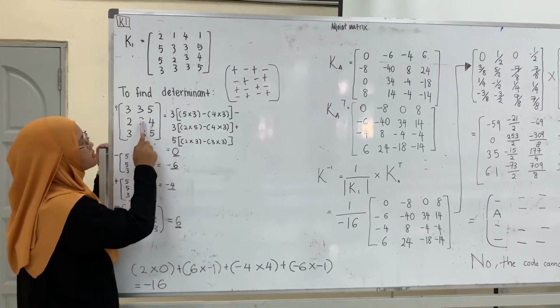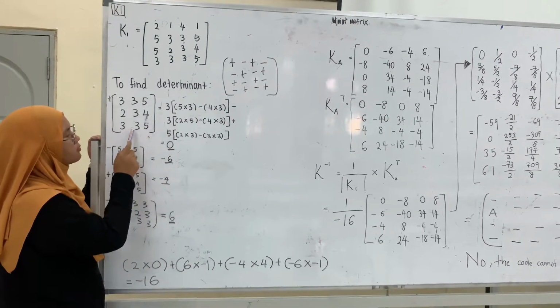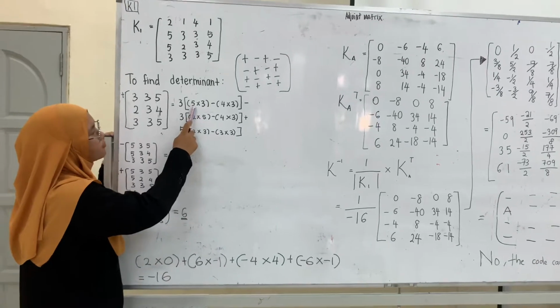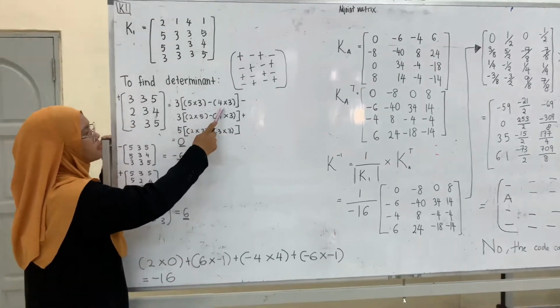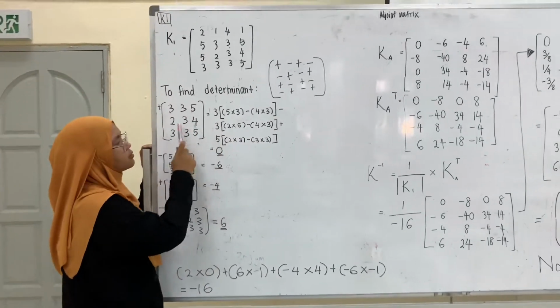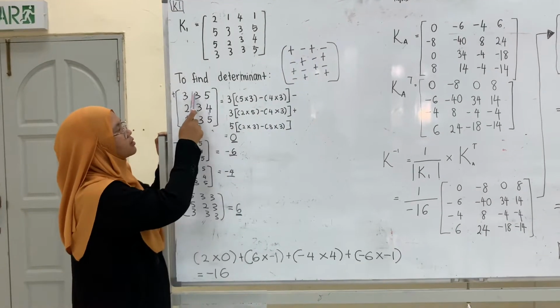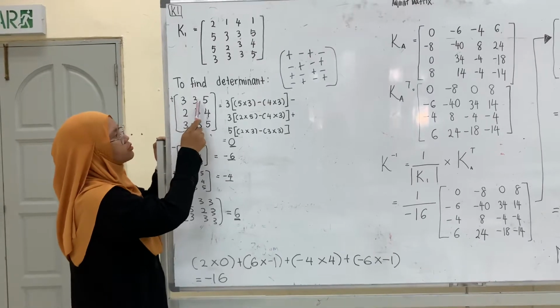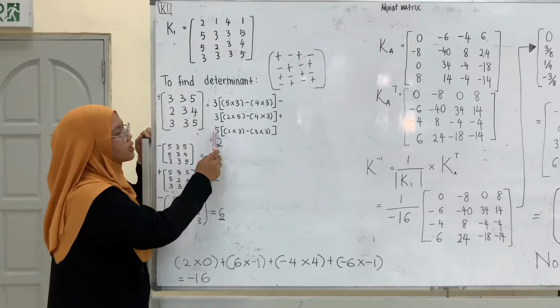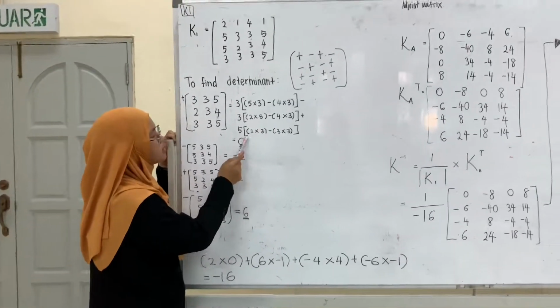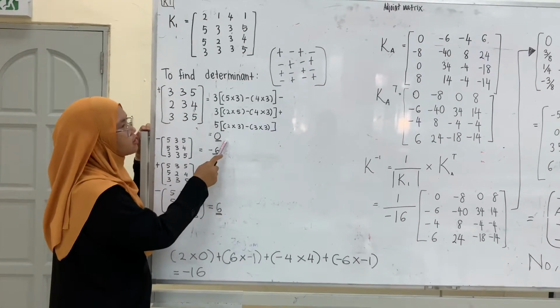So we multiply the 3 with the 5, 4 with the 3: 5 times 3 minus 4 times 3. And then we will do this process again with C12, C13. And then we will get 0 for the first cofactor.